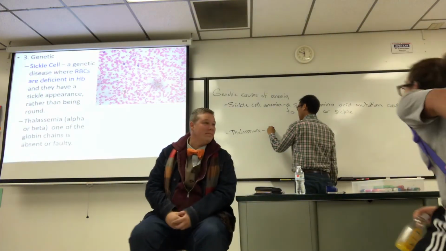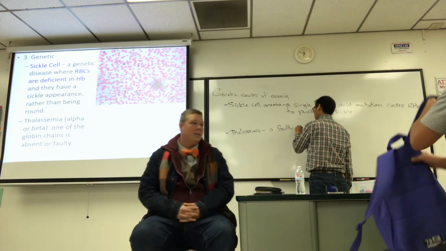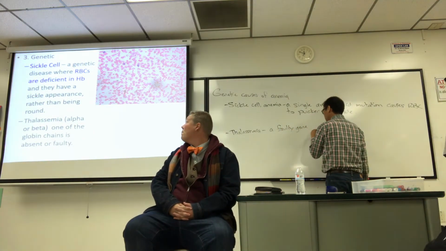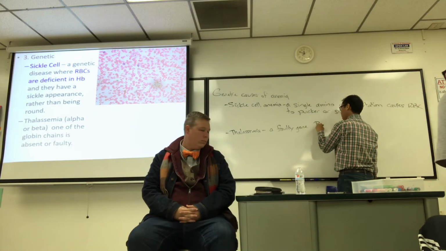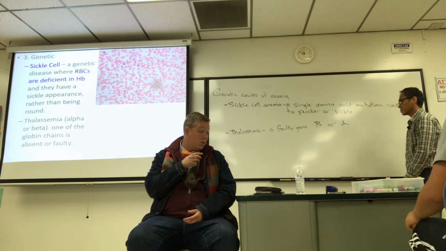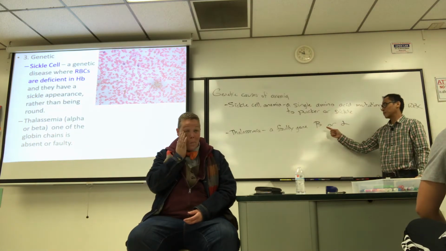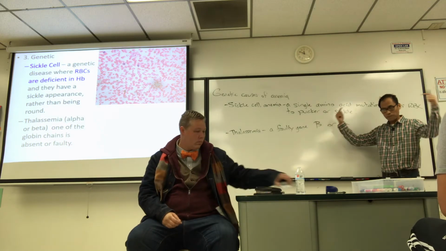This is one where you inherit a faulty gene that's either defective for the alpha or the beta chain. Okay, so you inherit two for alpha, two for beta, one from each parent.